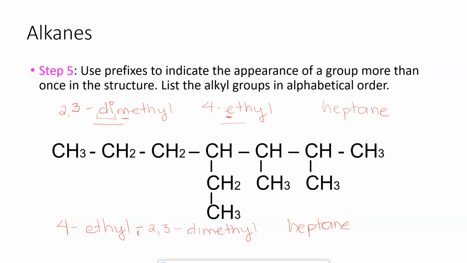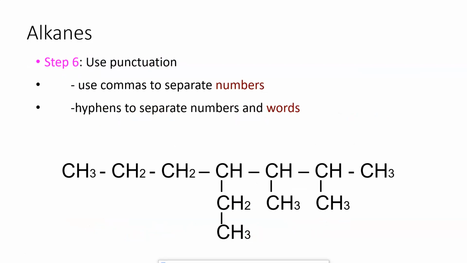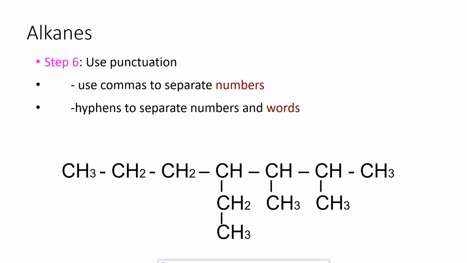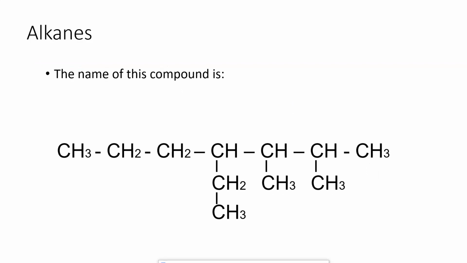We're almost there. The only thing that we have to make sure we're using is punctuation. So it says, use commas to separate numbers and hyphens to separate numbers and words. Okay?